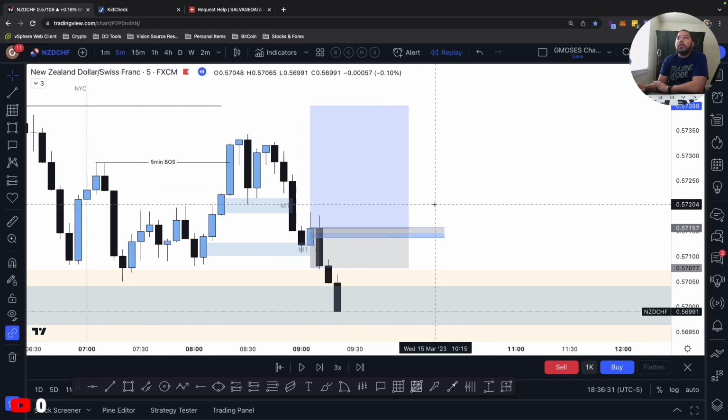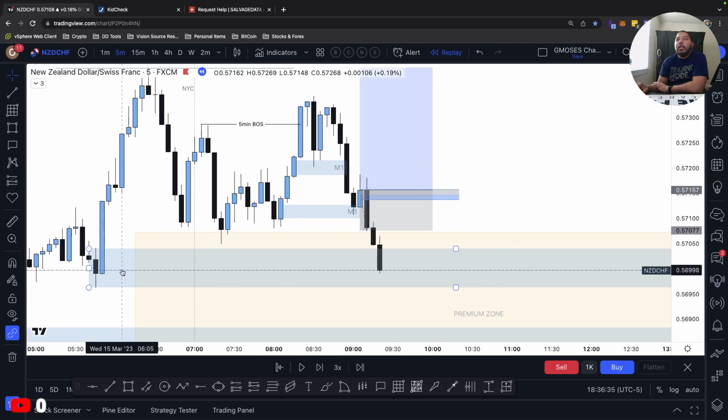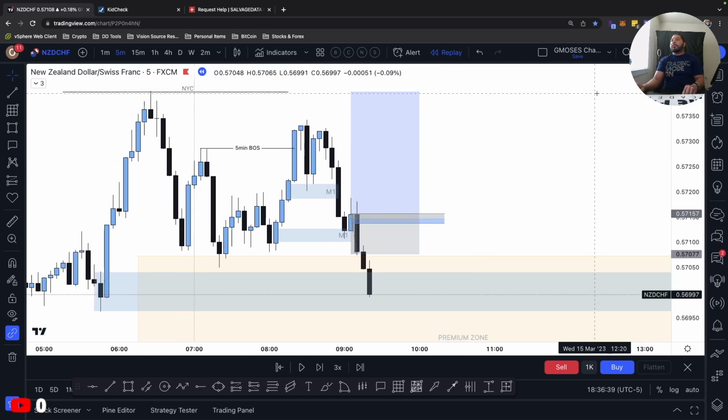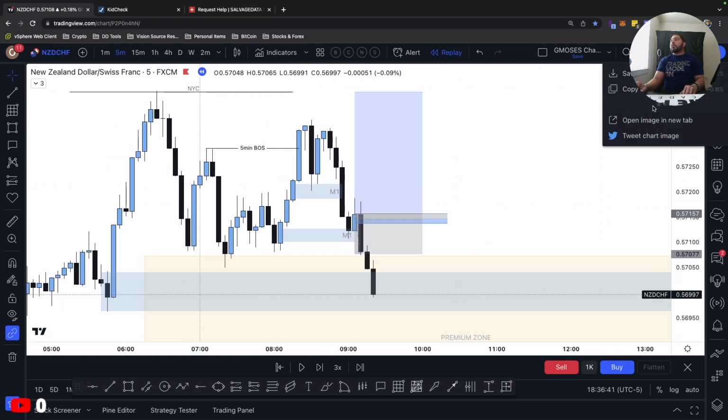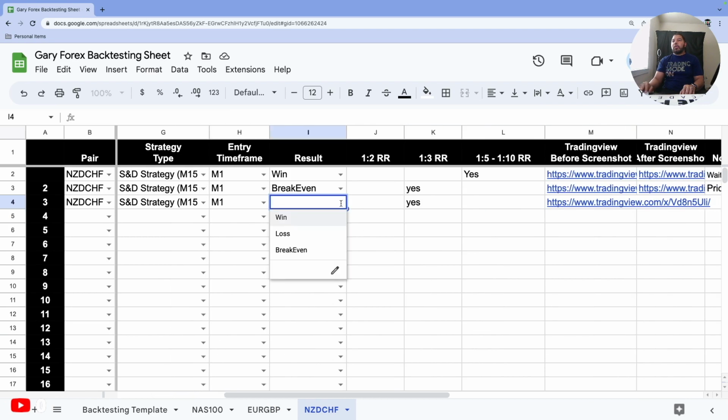Okay, we actually lost that trade, which is okay, because like we said, we had a demand zone down here. So let's go ahead and notate that. This is a loss.